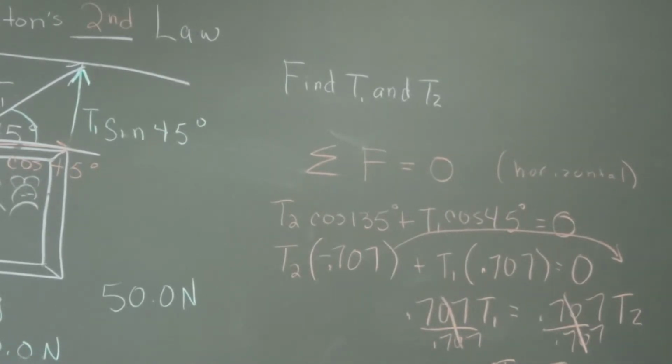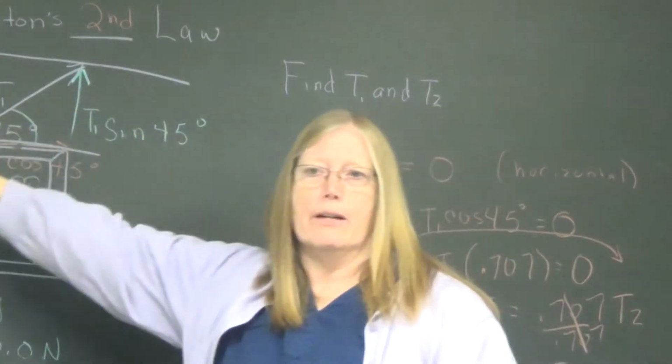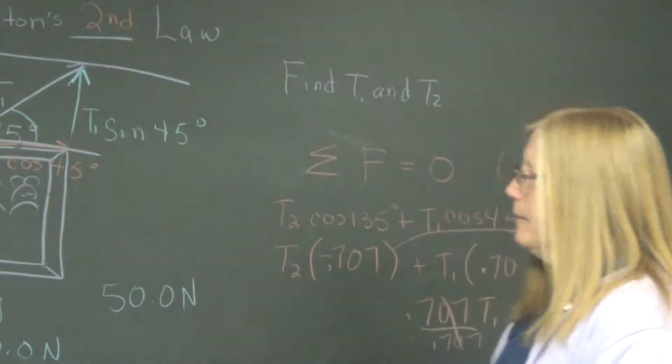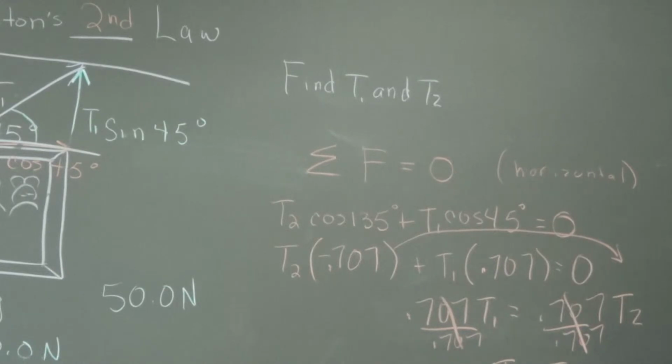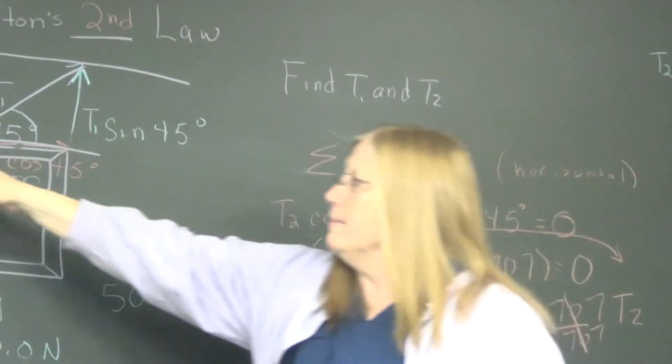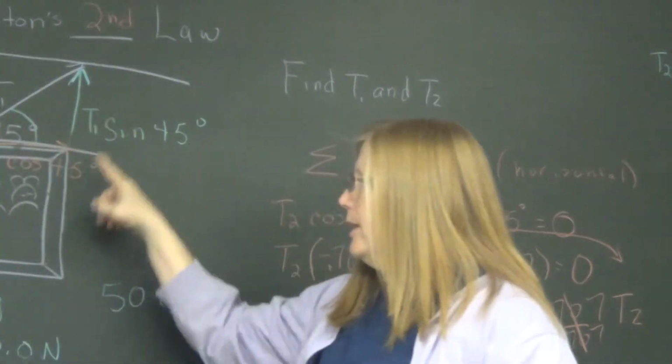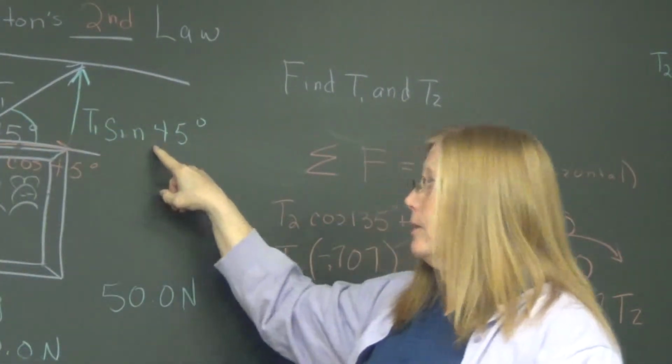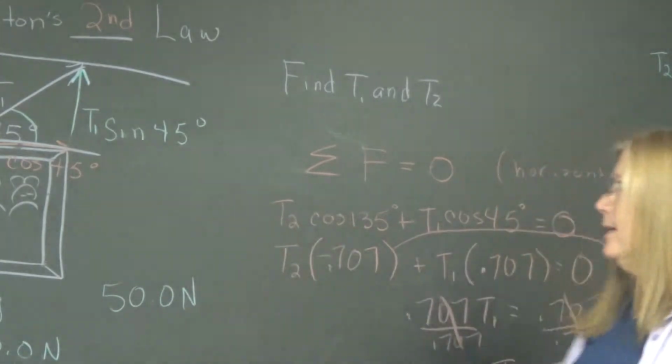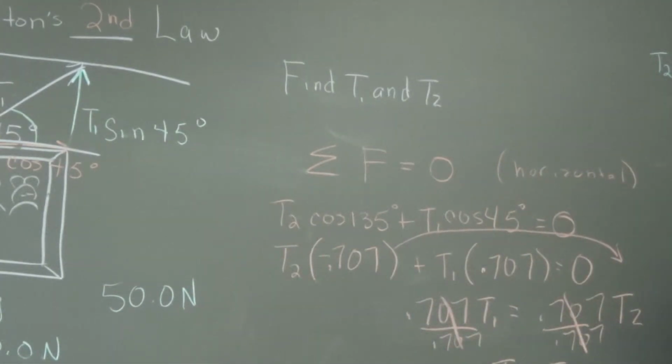So what are all the forces? Well, you know because you colored them all already. Mine are blue, yours are whatever yours are. So I'm going to start adding those. T2 sine of 135. I'm grabbing this one first. Doesn't have to be, but these three are going to be in this part of the problem. Plus T1 sine of 45.